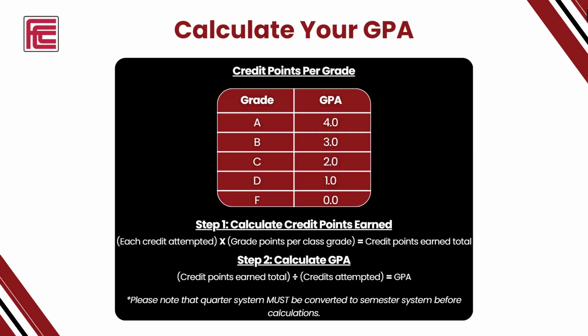Add the total credit points earned, then divide by the total number of units attempted. This gives you your GPA. Remember that if you completed coursework on the quarter system, you must convert those units to semester units before calculating. A GPA of 2.5 or higher is required across both your prerequisites and general education courses.